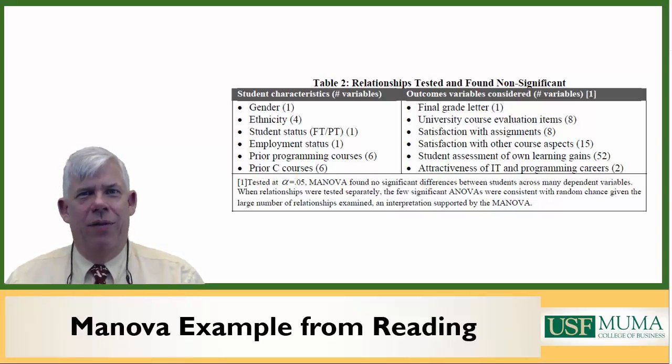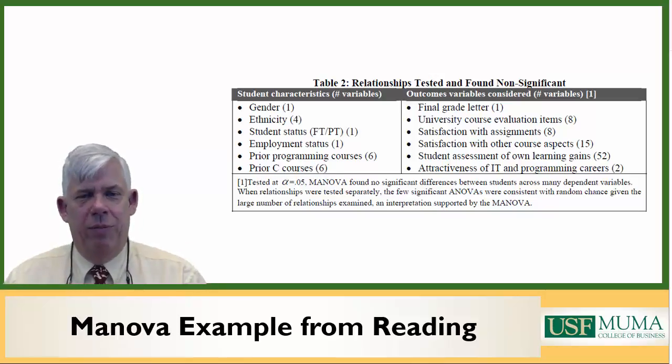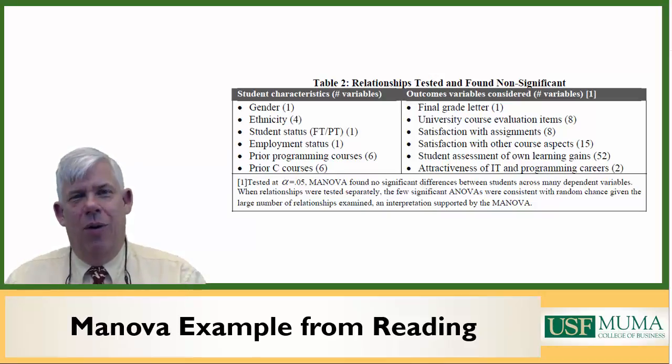Examples of these potential variables might be gender, ethnicity, student status, are they full-time or part-time, employment status, have they taken prior programming courses, have they taken prior courses in the C programming language, which was what the course was on. So those are all the things that we're interested in seeing. Are the means for all these the same?